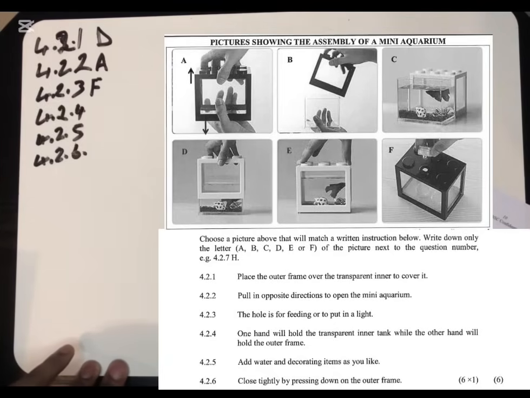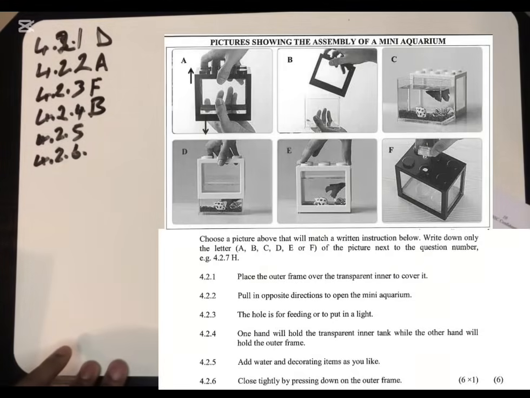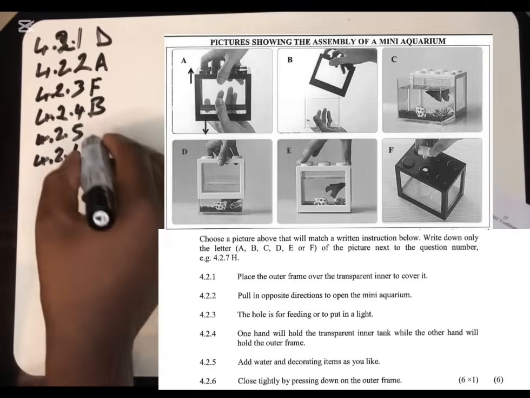This one is happening at B, we can see the two hands there. 4.2.5, it says add water and decorating items as you like. Where is the water being added? We can see that it's happening at C. That's why we're having decoration and stuff at C.